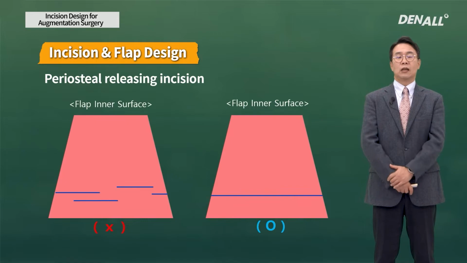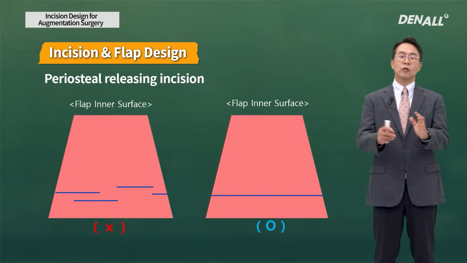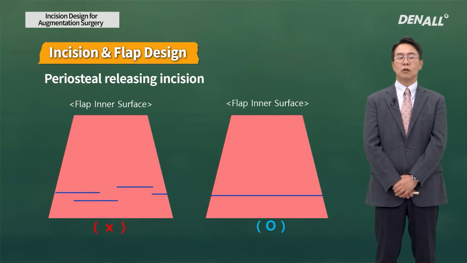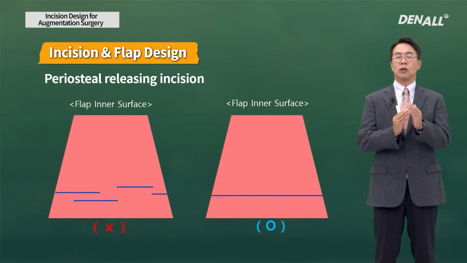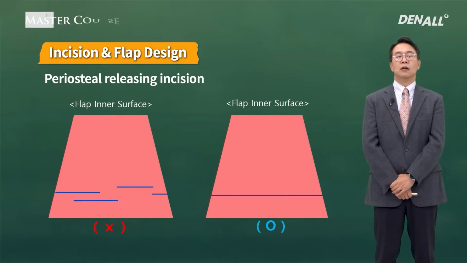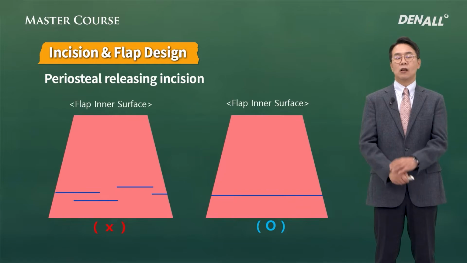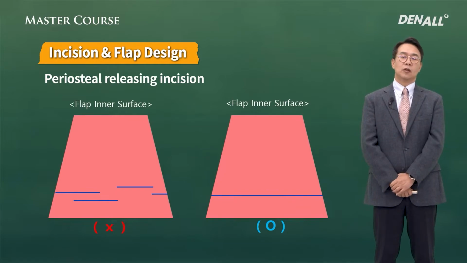Of course, you can use the incision pattern in the left and there's no problem in closing it, but caution, where the incisions are not made, the tension on the flap may cause opening of the suture.